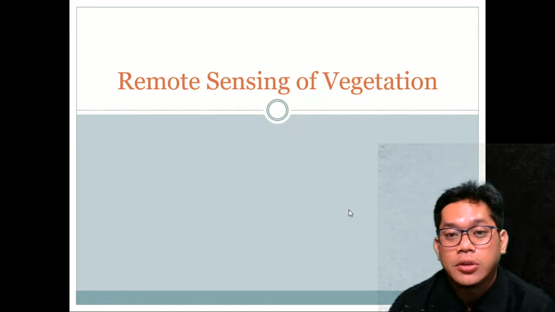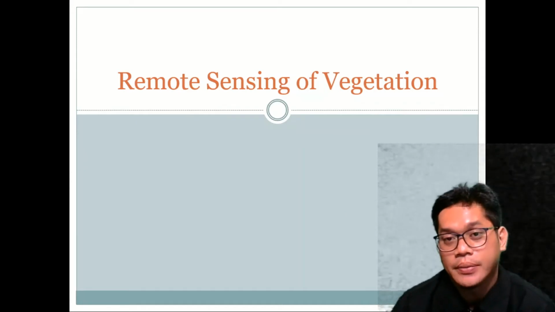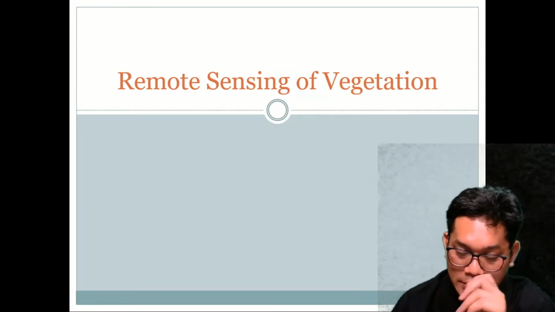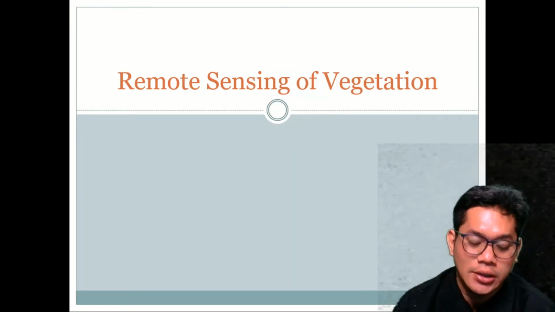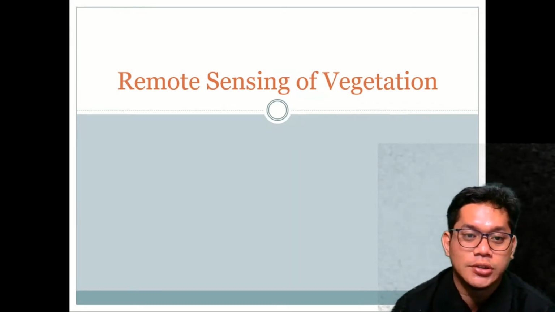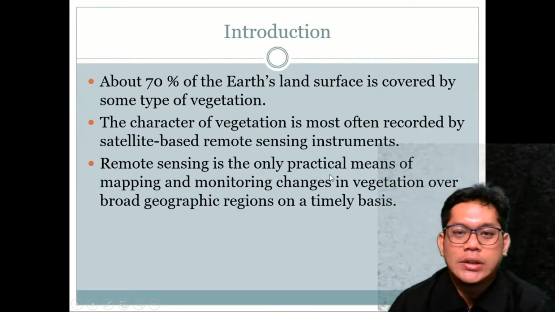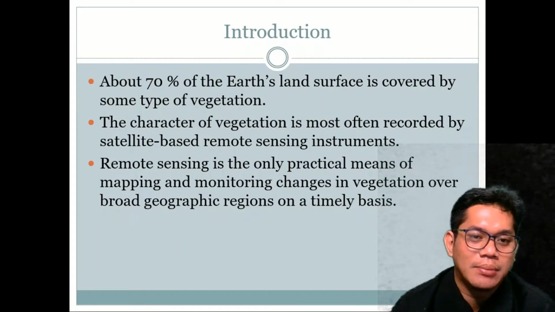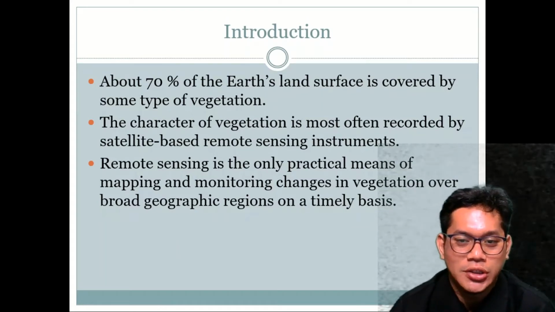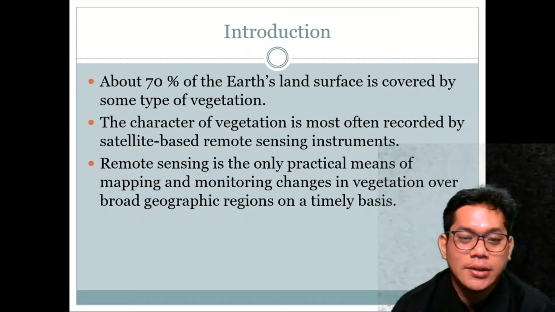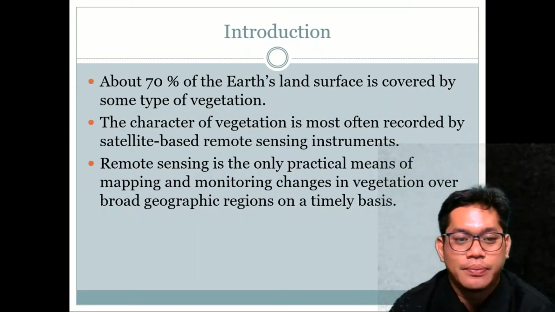Now we look into the remote sensing of vegetation. So how do we use the application and analysis of remote sensing for vegetation? About 70% of the Earth's land surface is covered by some type of vegetation, and the characteristics of vegetation are most often recorded by remote sensing instruments.